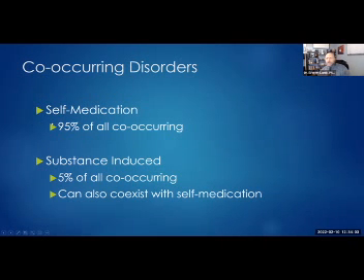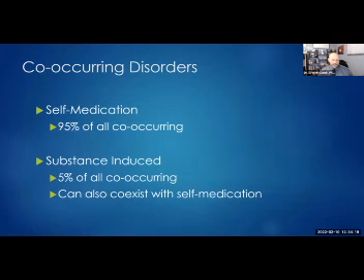So when we look at co-occurring, it goes back to the chicken or the egg situation, right? Research shows us that self-medicating an already existing mental health disorder happens in 95% of all co-occurring disorders.